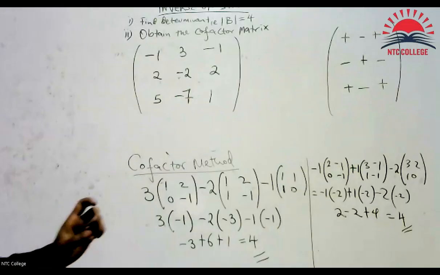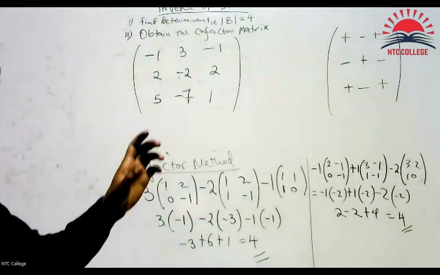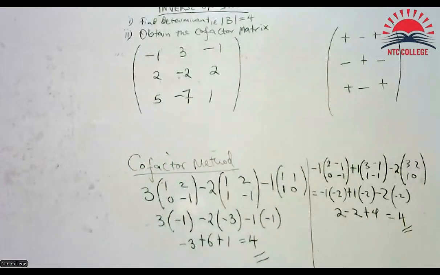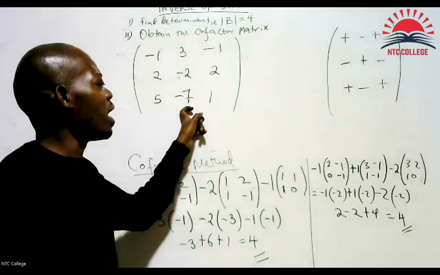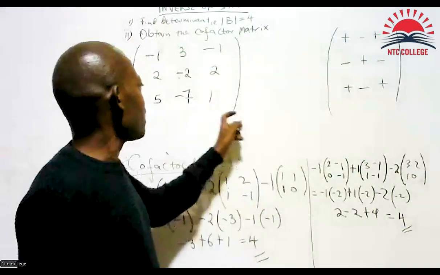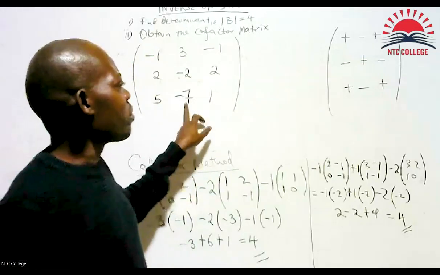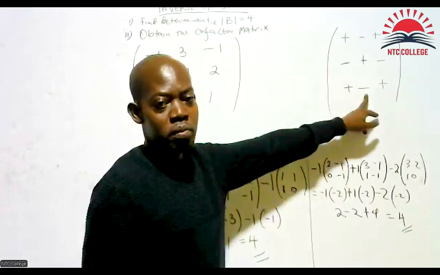Each original element you pick, you ignore its column and its row, then you find the determinant: you multiply the principal diagonal, and you minus the other one. When we obtain +7, the cofactor becomes -7 because the sign here is supposed to be negative.